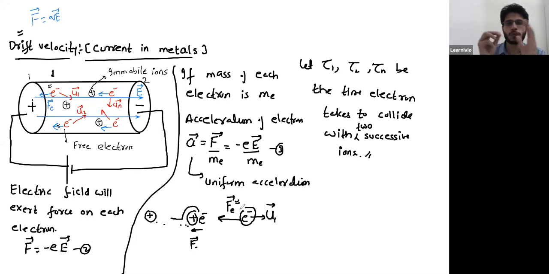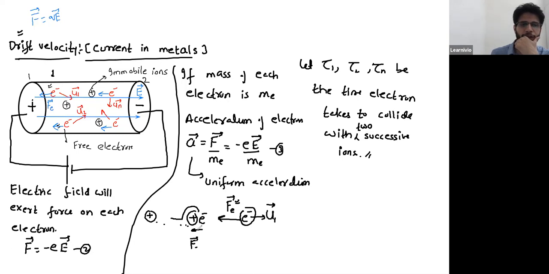Yes. So whatever velocity the electron has gained, it will lose once it collides with the ions. So the electron will gain velocity only for the time between collisions with the ions. This electron collides with an ion and comes to rest.